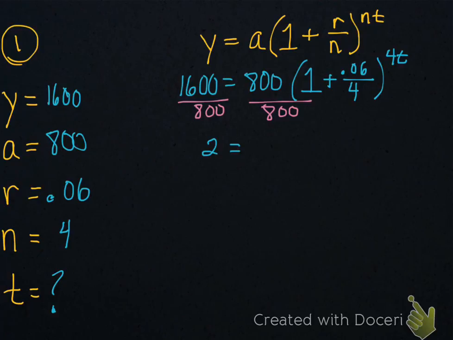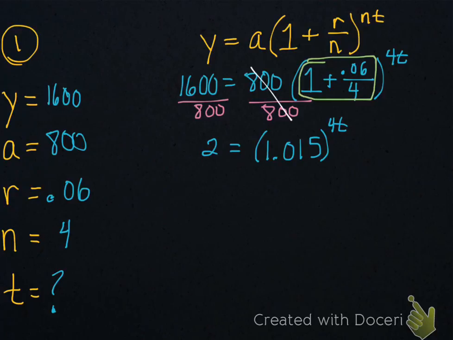So I have 2 equals. The next thing we're going to do is take the stuff inside the parentheses and get a single number for it. If I put that in the calculator, I get 1.015. So this is now 1.015 raised to the 4t power. Easy enough.